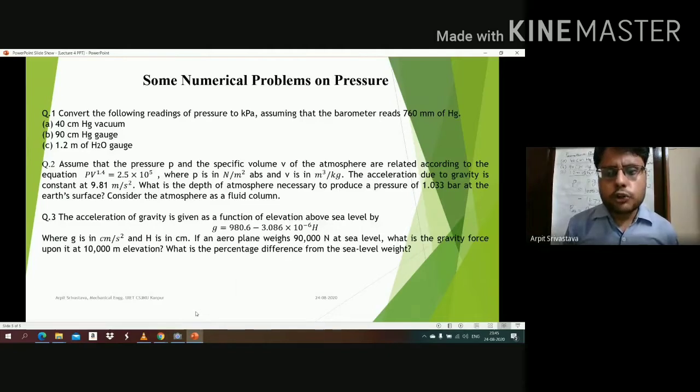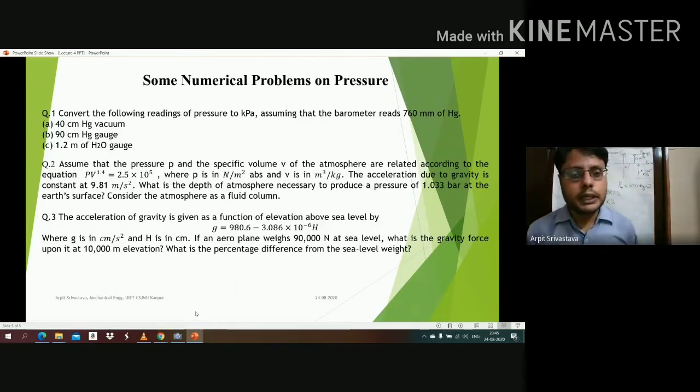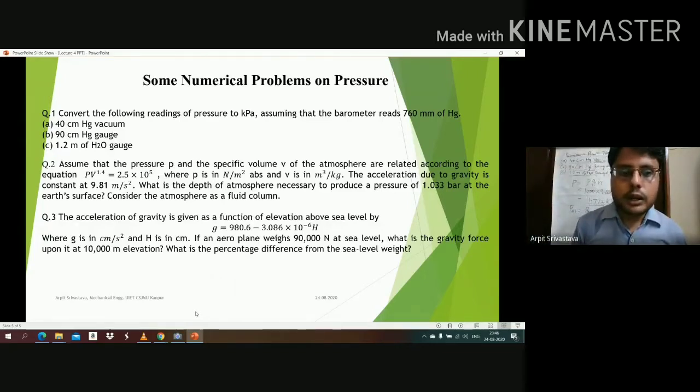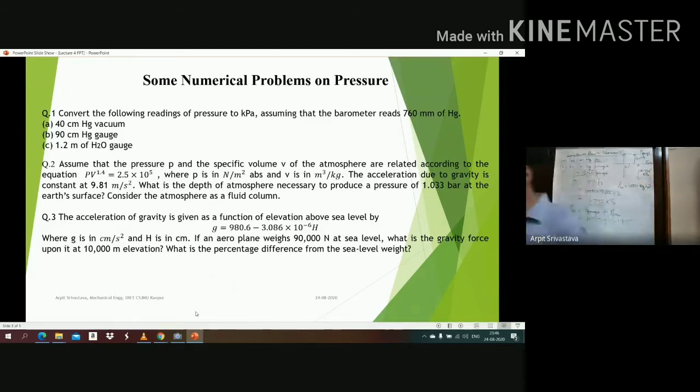The acceleration due to gravity is a constant at 9.81 meter per second square. What is the depth of atmosphere necessary to produce a pressure of 1.033 bar at the Earth's surface? Consider atmosphere as a fluid column. Okay, so this is the problem.